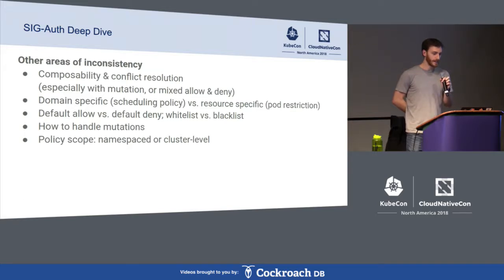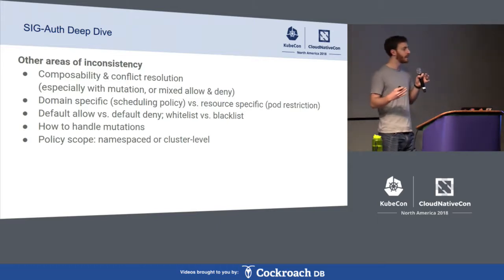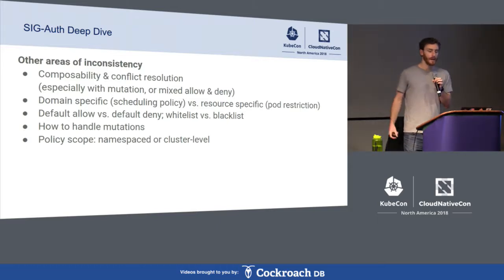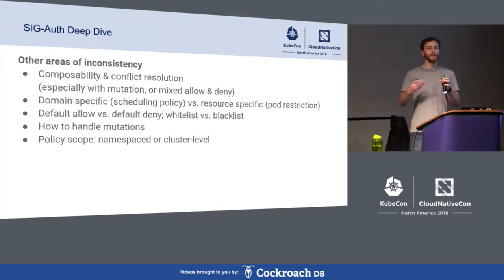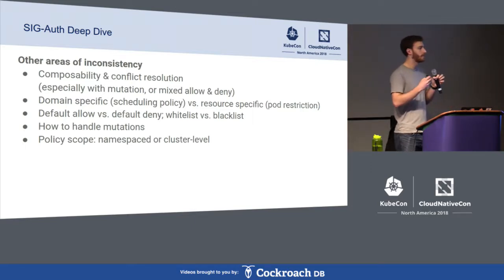Other areas we discussed were default allow versus default deny. So what happens if you don't actually have any policy objects created? Default allow is nice because it's much easier to roll out. So you can say turn on the controller, and then as I add policies to different namespaces, I'm going to slowly scope down permissions.